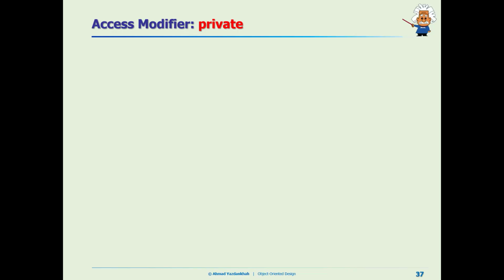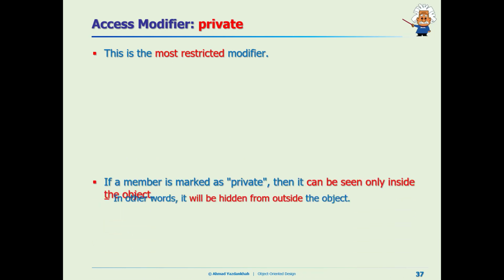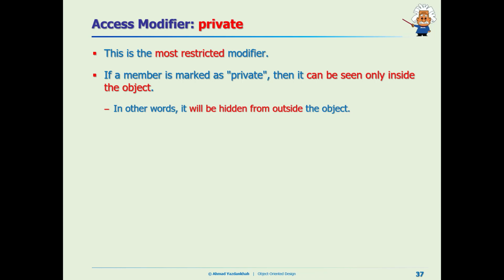Now let's see what would happen if we have private members. Private members are most restricted. What does it mean? It means that when you put a private modifier before any member, it can be seen only inside the same object.